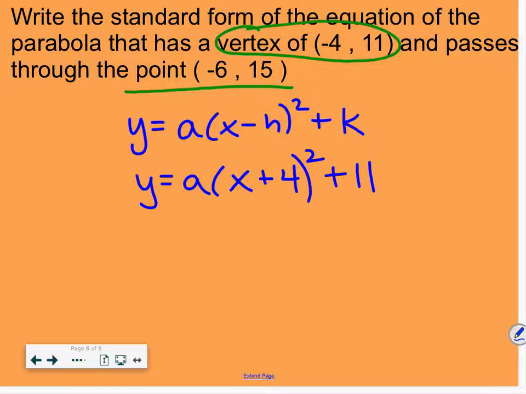All right, now a, we need to determine a in the next 2 minutes. Can we plug in the points negative 6 and 15? Okay, we know negative 6, 15 has to satisfy this equation. So we can plug 15 in for y, negative 6 in for x, and solve for what a is.